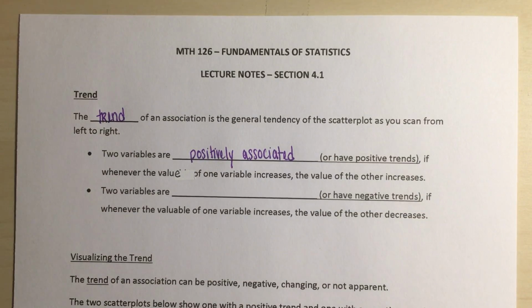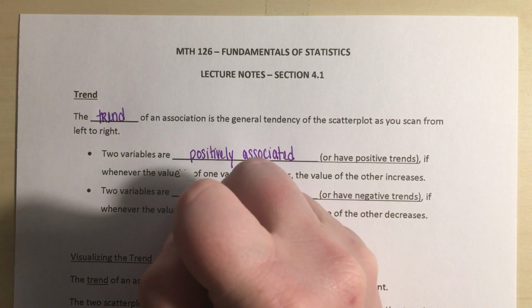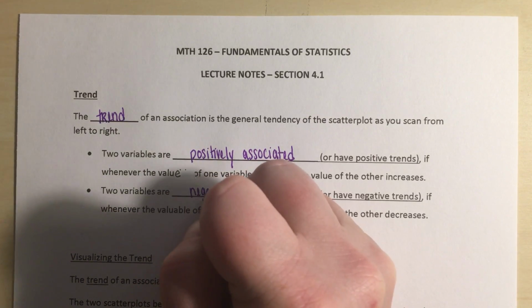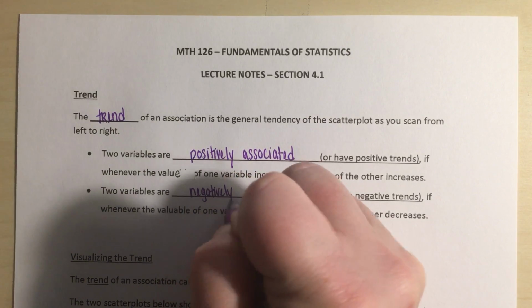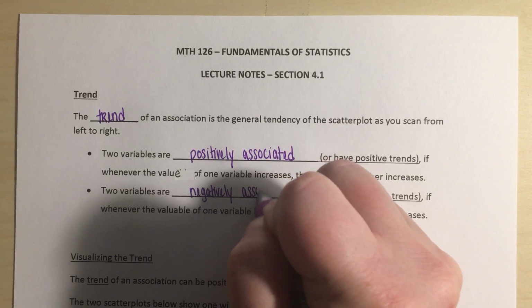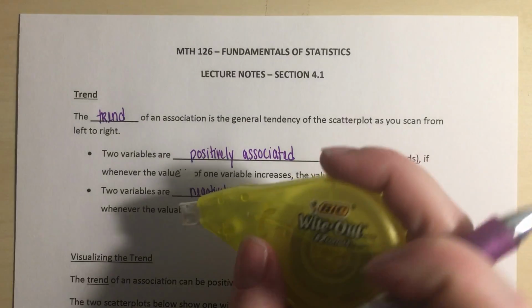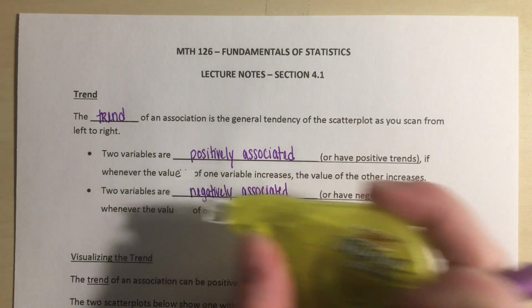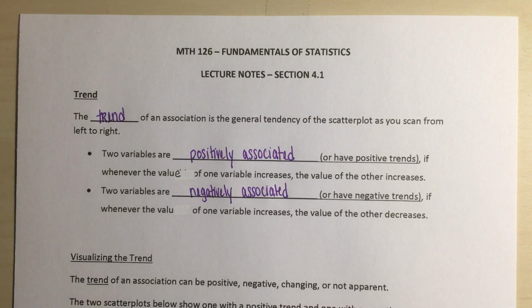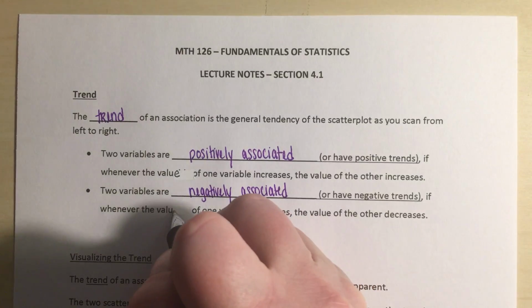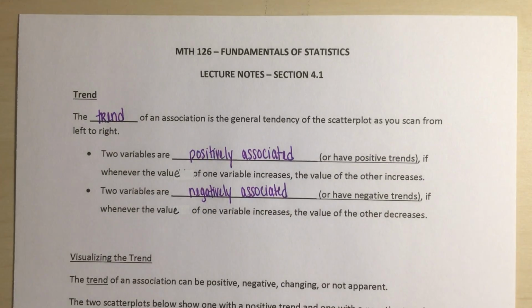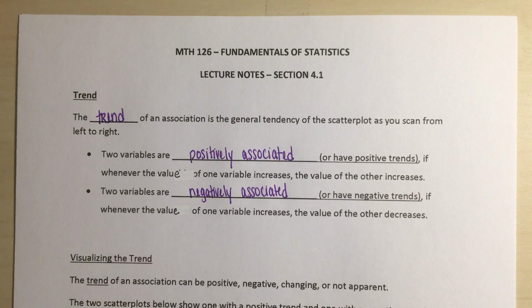And then we're going to say that two variables are negatively associated, right, and again, same typo here, if whenever the value of one variable increases, the value of the other variable decreases. So we're going to take a look at this idea of trend in the pictures below here.